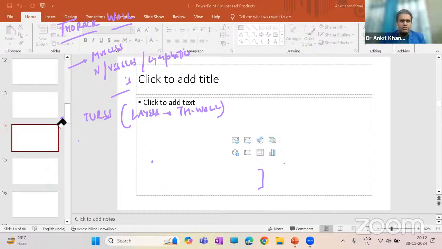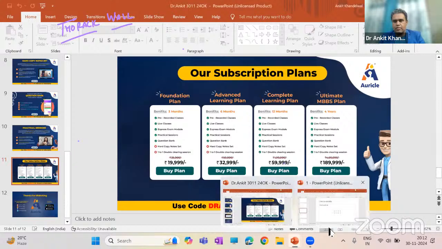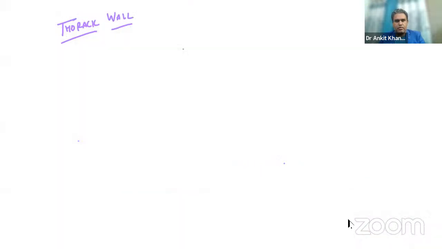Some settings are different over here. Yeah, now I guess it is good. Finally, some setting was there.